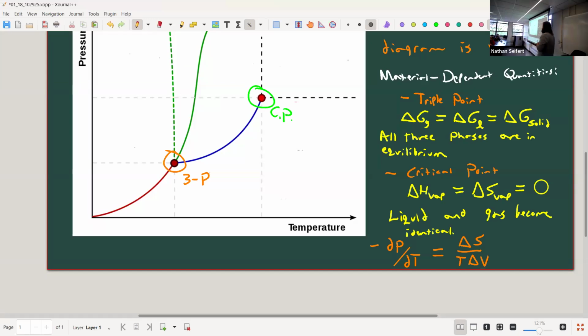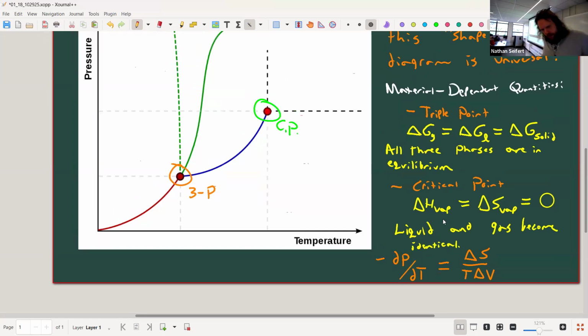They're going to be different for water, because when you freeze water, you lose density. So the slope is opposite to what it is for any other solid. Benzene, CO2, basically every solid except for water becomes more dense. The delta V has a given sign, but in ice, it's the opposite. So there are basically just three kinds of quantities that are material dependent, but everything looks the same.